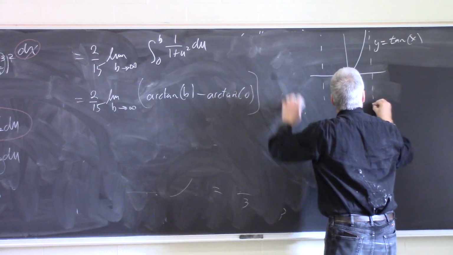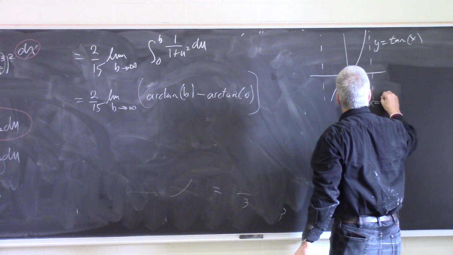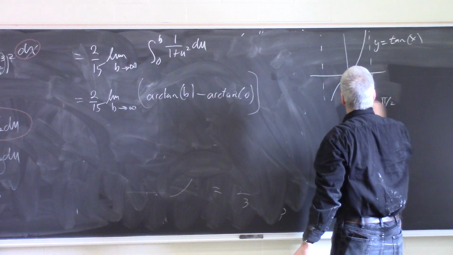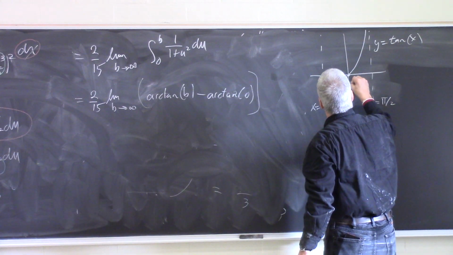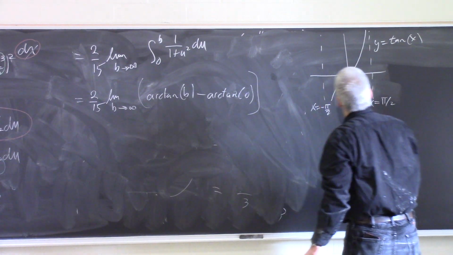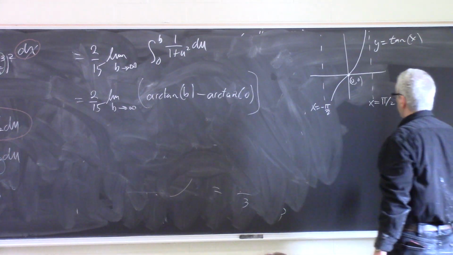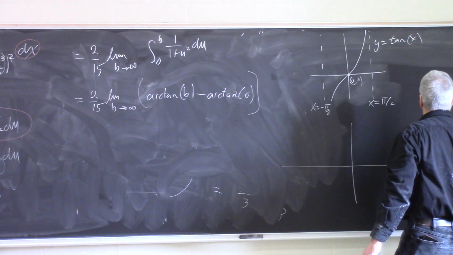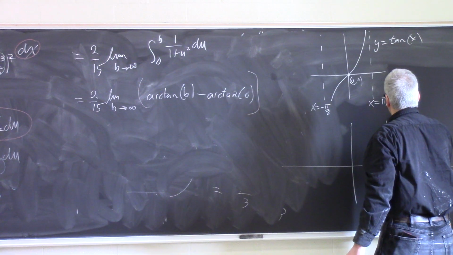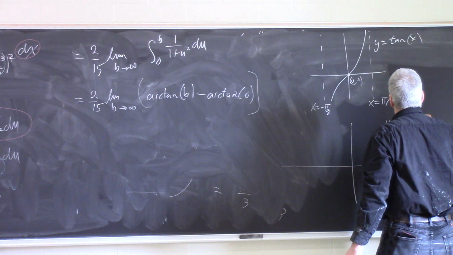The key thing is it has vertical asymptotes at x equals pi over 2 and x equals minus pi over 2, and it goes through 0, 0. So to do y equals arctan x, I interchange all the x and y coordinates. So this is y equals arctan x.